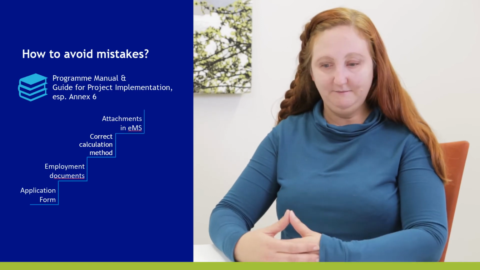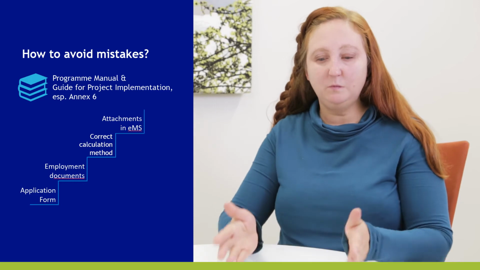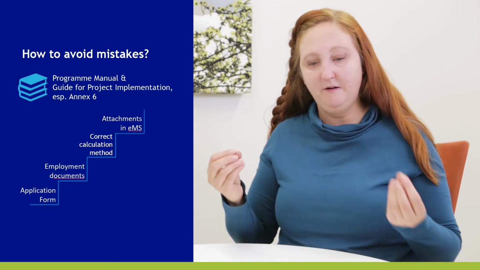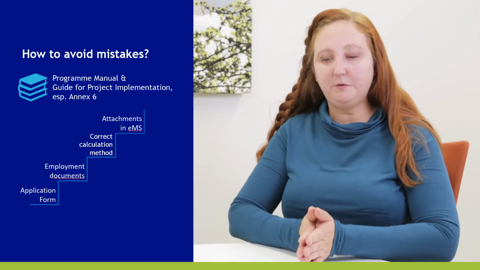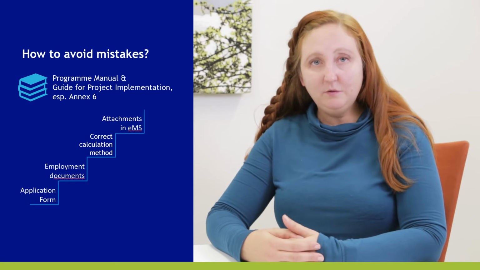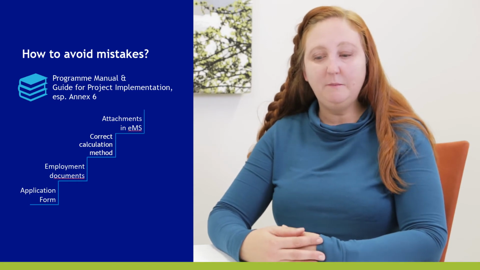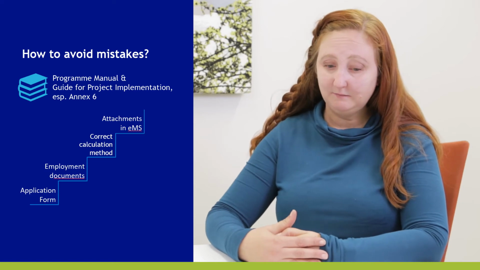Here is the advice. Prepare employment documents correctly. Indicate all requested information such as the workload, for instance, full workload or fixed percentage, and the duration of the project work and the specific tasks. It is good to check what you have planned in the application form, as that really sets the basics.